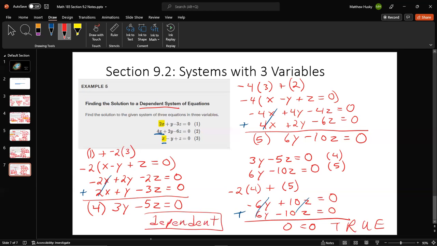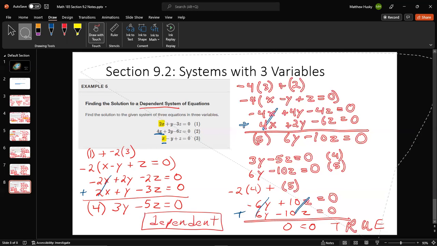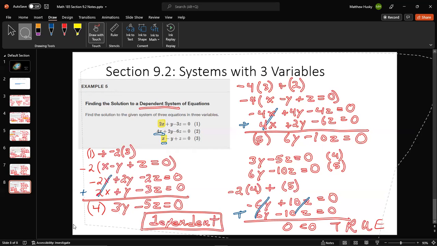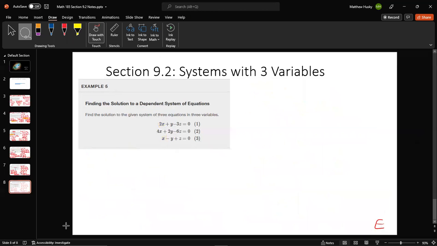So then what we're going to do is we need to make a statement where we can have something in terms of x, or something in terms of y and z. So we basically just verified that it is indeed dependent.